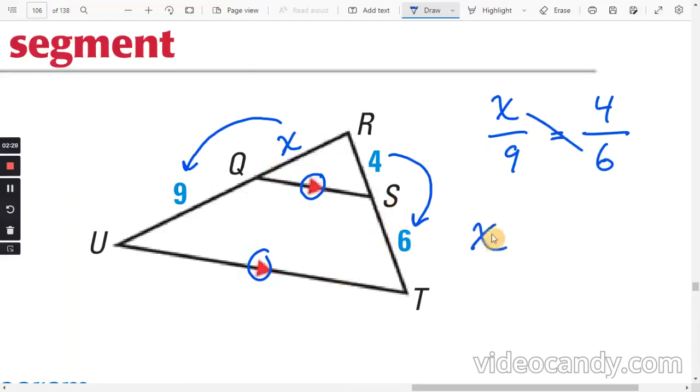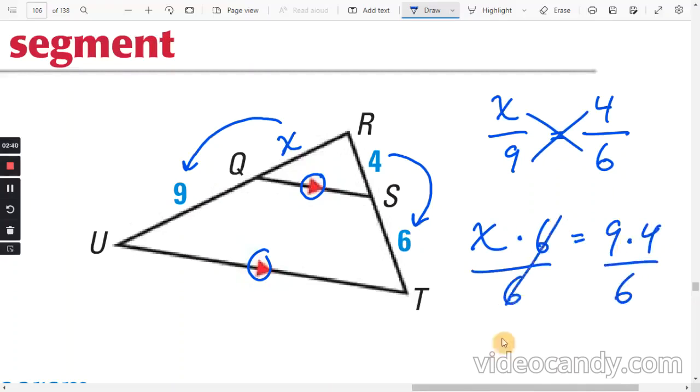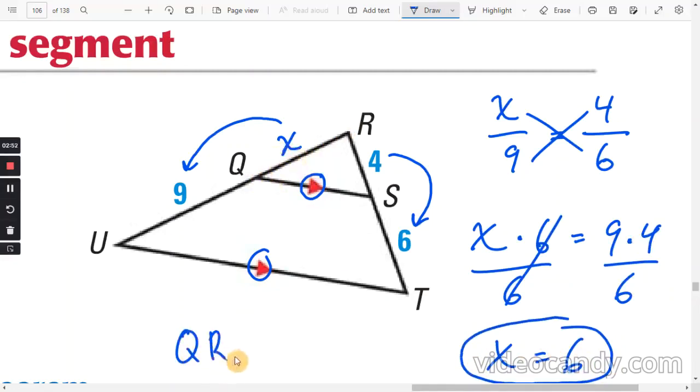X times 6 equals 9 times 4. And dividing both sides by 6, this is 36 divided by 6. That's just 6. Okay, and we let X represent QR, so QR is 6.